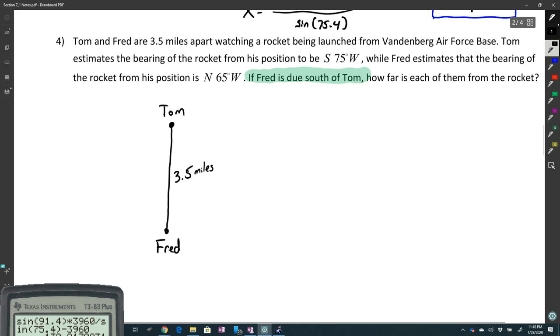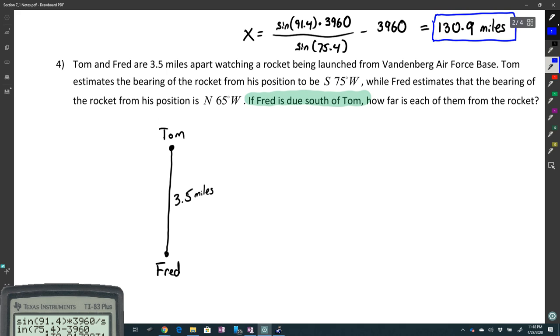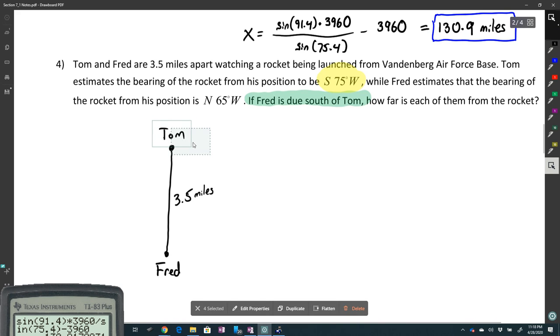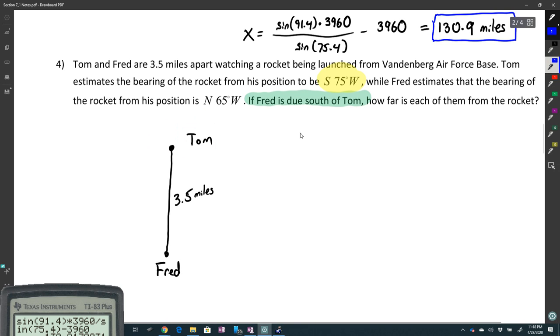Now, from Tom, the bearing of the rocket is south 75 degrees west. Bearings are weird, and it depends on what book you read. But what I'm going to do is move Tom's name a little to the side and put a little grid where Tom is.